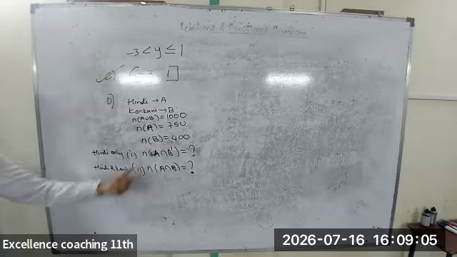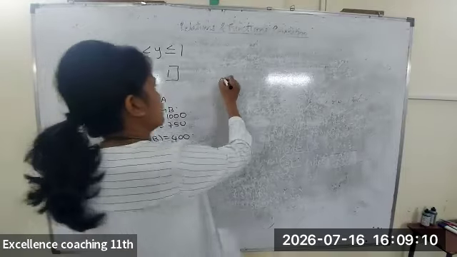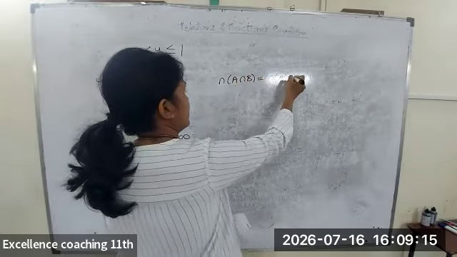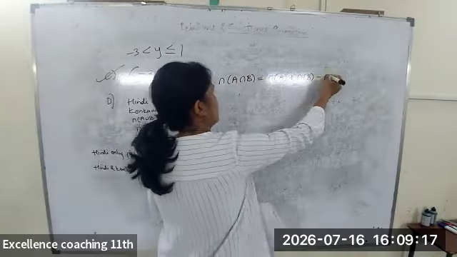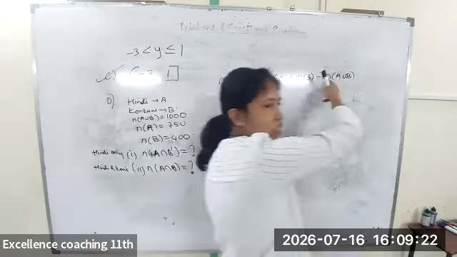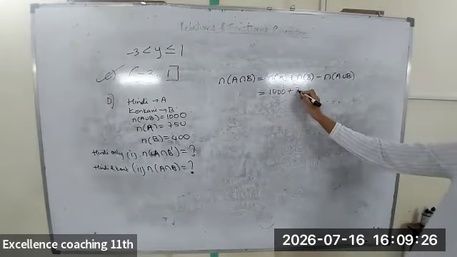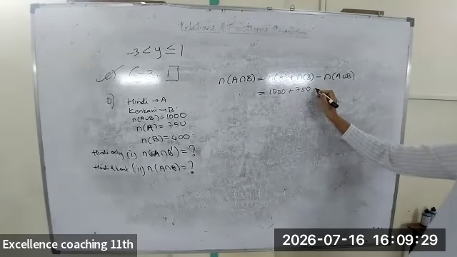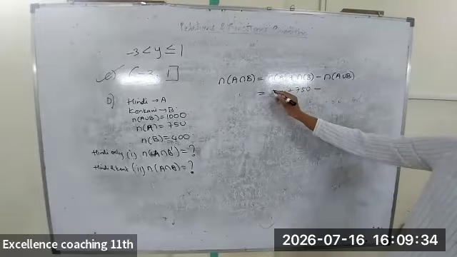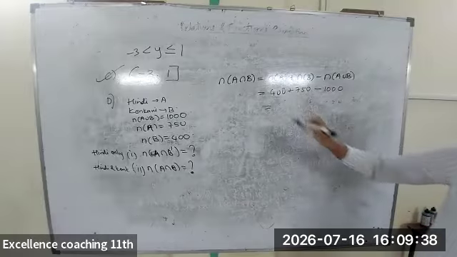The formula is n of A intersection B equals n of A plus n of B minus n of A union B. So 400 plus 750 minus 1000. Now calculate it.